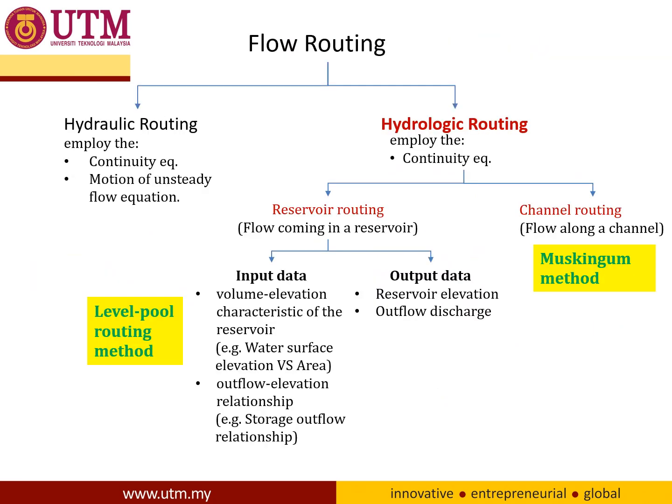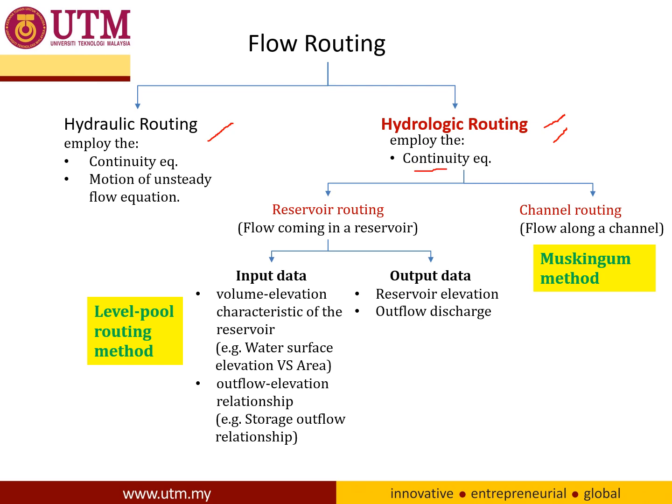So in a more simple way of explaining the methods of flow routing, there are two. You may adopt the hydraulic routing, or the hydrologic routing. So for our case, we will look into hydrologic routing only. And from here, it employs the continuity equation.